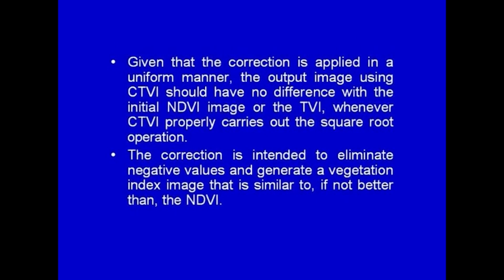Given that the correction is applied in a uniform manner, the output image using CTVI should have no difference from the initial NDVI image or the TVI. Whenever CTVI properly carries out the square root operation, the negative correction is intended to eliminate negative values and to generate a vegetation index image that is similar to, if not better than, the NDVI.